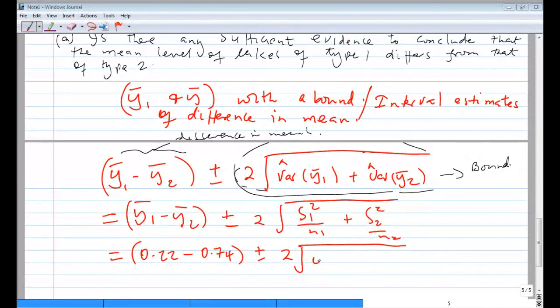Variance is 0.103 squared. That is the variance. Then you divide by the sample size, 4. Then plus the variance of type 2, 0.583 squared. Then you divide by 15.